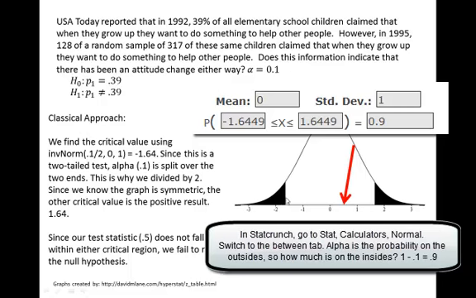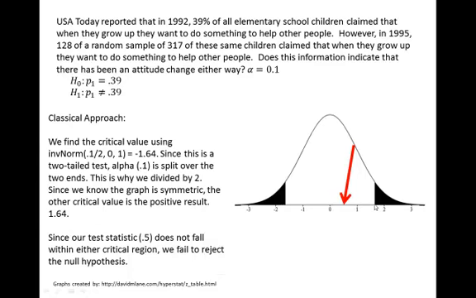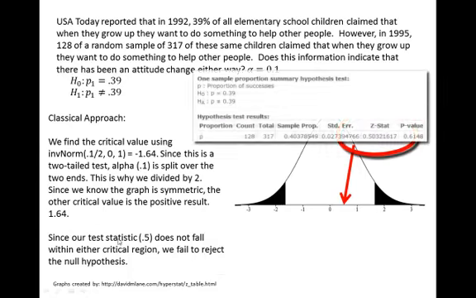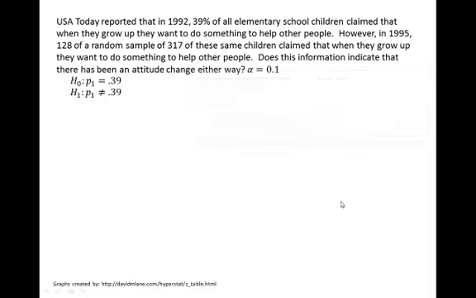But since this is a 2-tailed test, you have another side as well. And since they're symmetric, we know the positive value, 1.64, is the other critical value. Our test statistic, 0.5, since it does not fall within those critical regions, we fail to reject the null hypothesis.